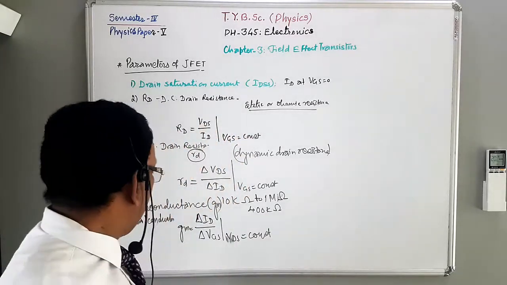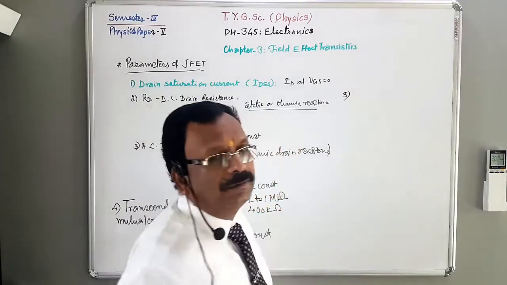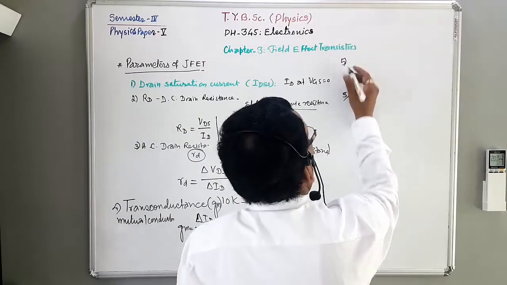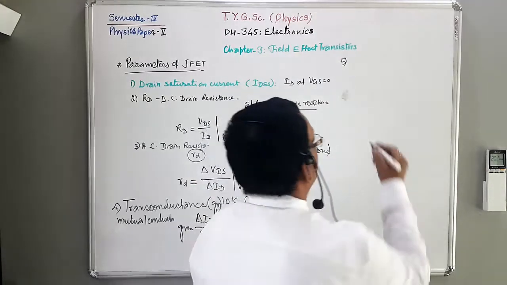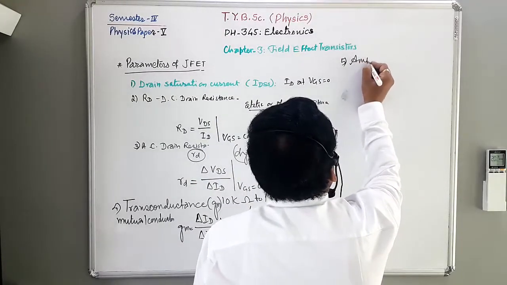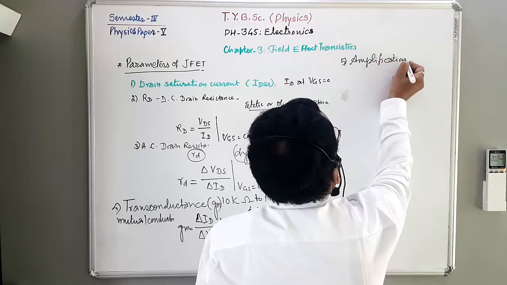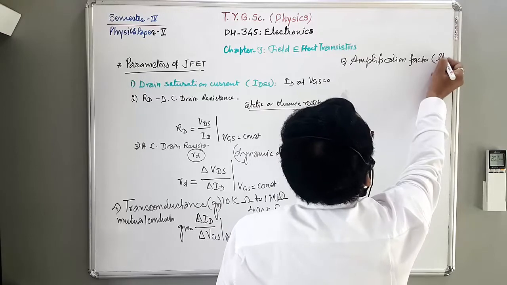Okay, then next parameter, parameter 5, that is amplification factor, denoted by mu.